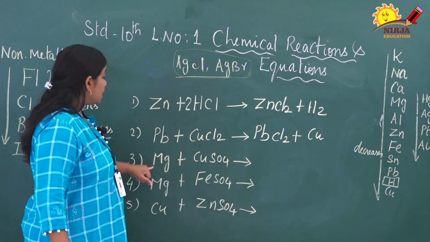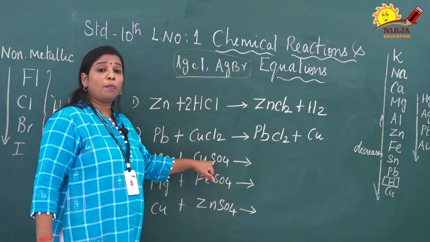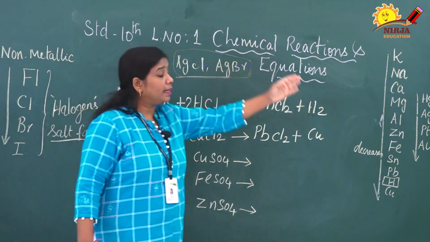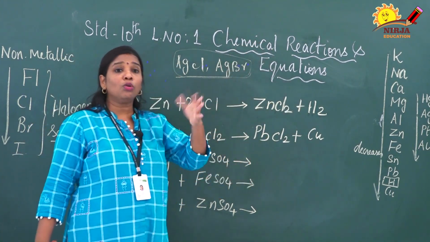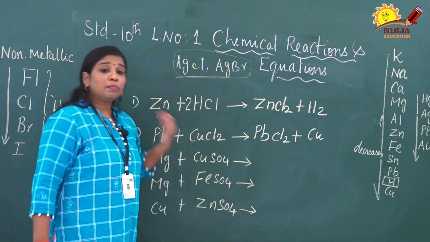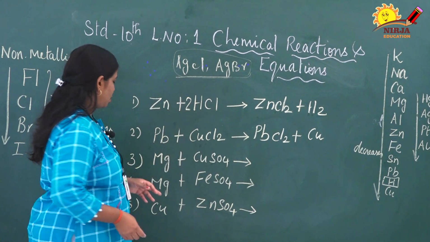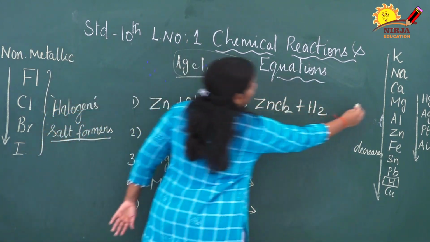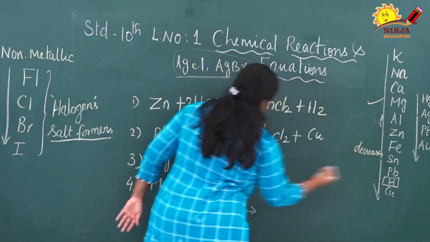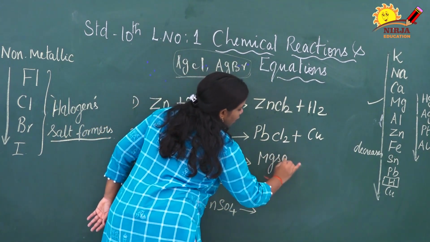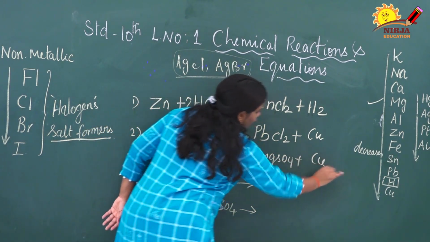The third one is magnesium reacting with copper sulfate. Whenever you do this, you have to think about the reactivity series. You have to recognize whether this metal is more or less reactive, then only you can complete your equation. Mg is above copper, so of course it is possible. It is converted into MgSO4 and copper.